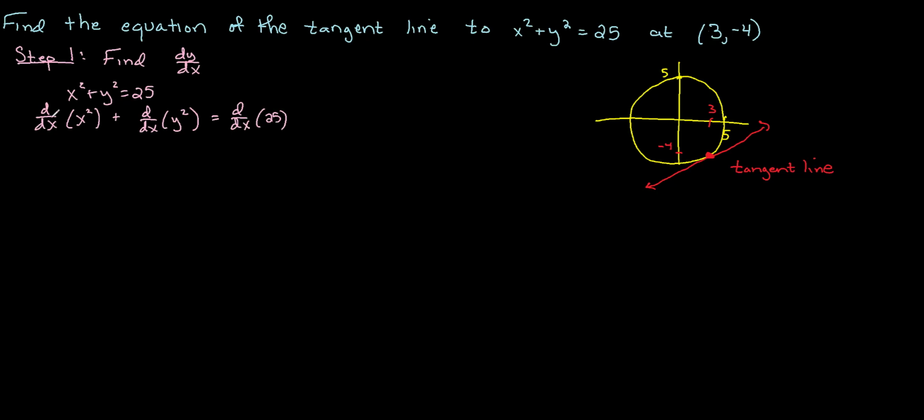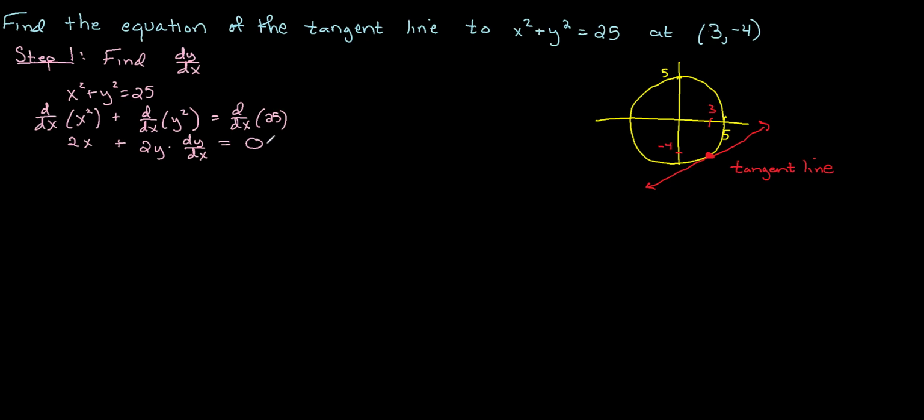Okay, now the derivative with respect to x of x squared is just 2x. The derivative with respect to x of y squared is going to be 2y times, chain rule right here, dy/dx. And that's our implicit differentiation. On the right-hand side, derivative of a constant is 0.